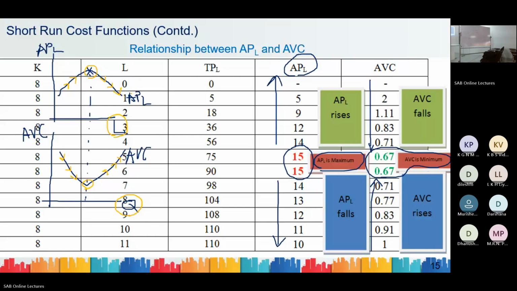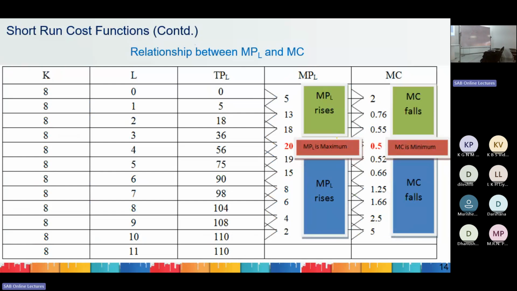Right? So let's discuss the relationship between marginal product of labor and marginal cost. Marginal product of labor, as we observed before, rises initially and reaches the maximum, and afterward it declines.